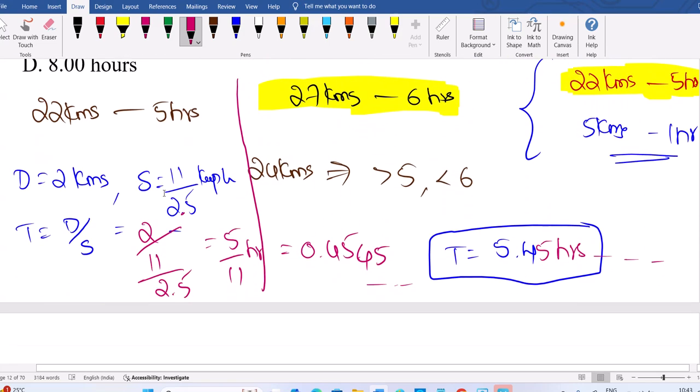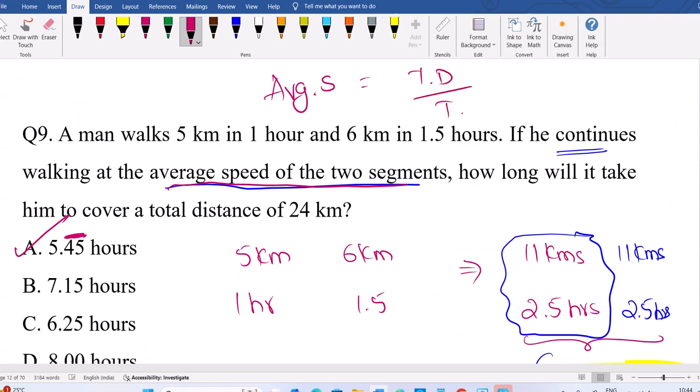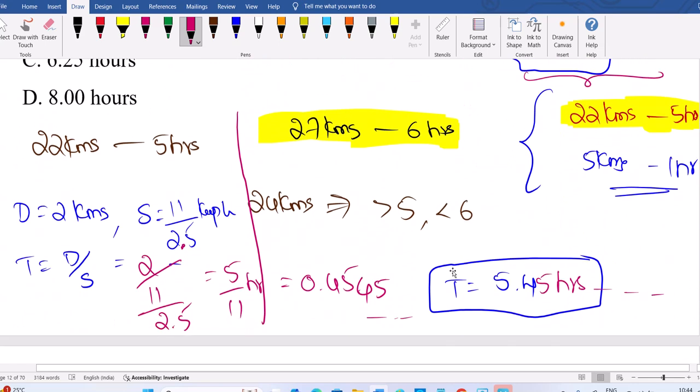So why did you take 11 by 2.5? That's important, try to understand. They said the average speed of two segments is maintained. Average speed is nothing but total distance divided by total time. See, handling this question, we already saw only one option is available between 5 and 6. But how exactly we got 5.45 is our discussion.